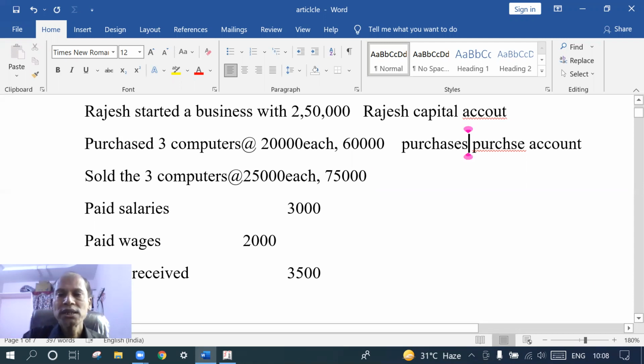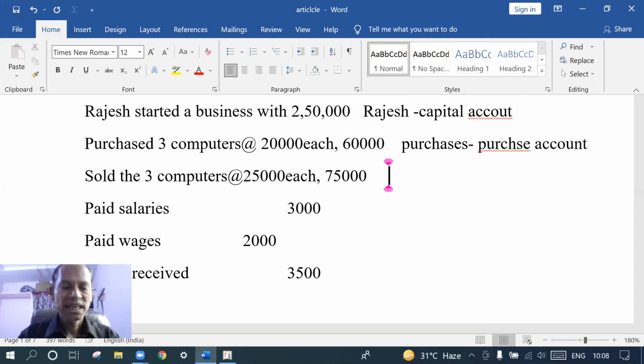So purchases are saved under purchase account. Rajesh is saved under capital account. And sold the computer: sales under sales account, sales ledger. So the ledger is clear.